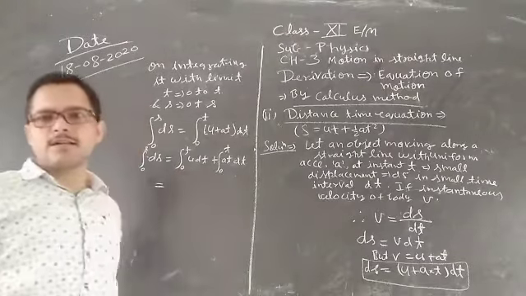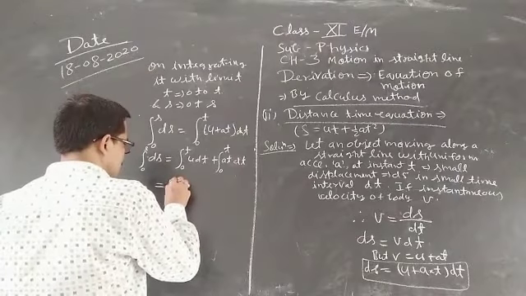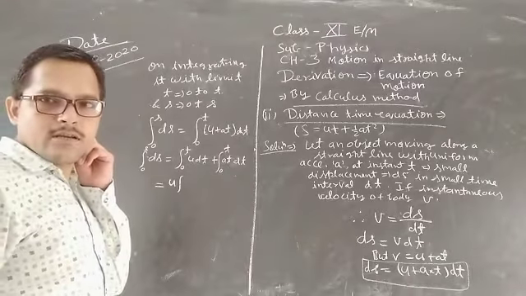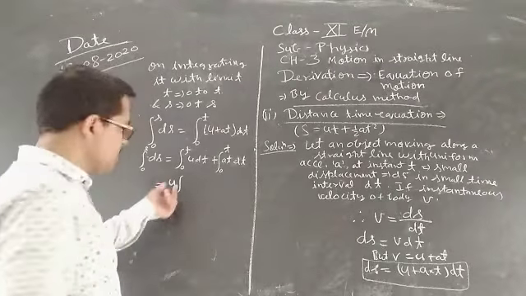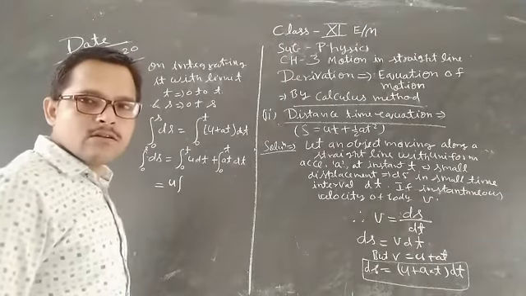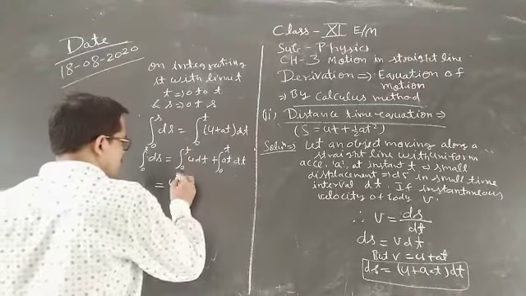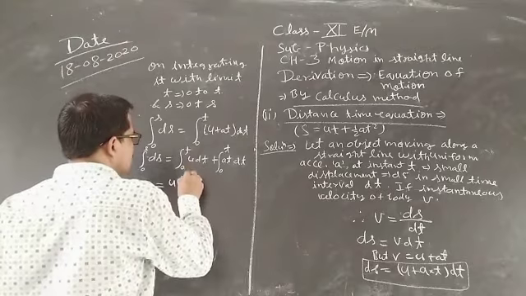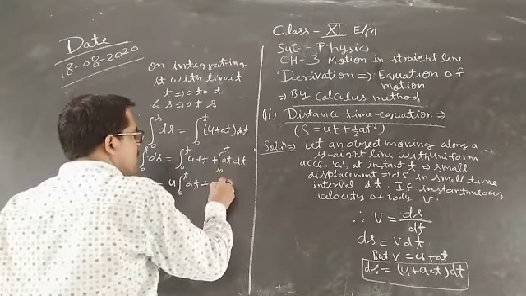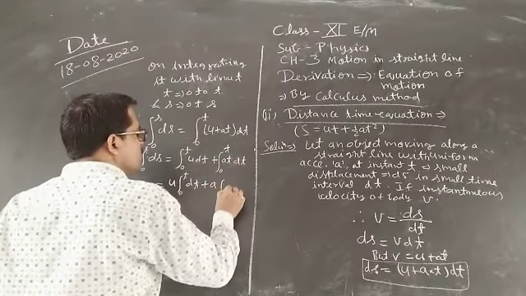The value of u is constant, so it is not integrated; a constant is not taken inside the integration. That's why u stays outside with the integral of dt from 0 to t. Here a is also constant, so integration applies only on t, from 0 to t.